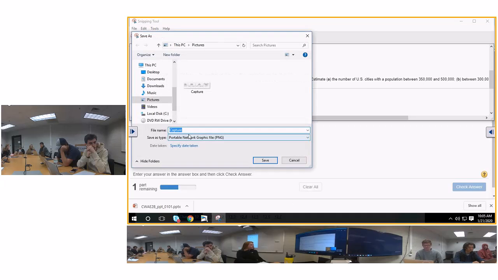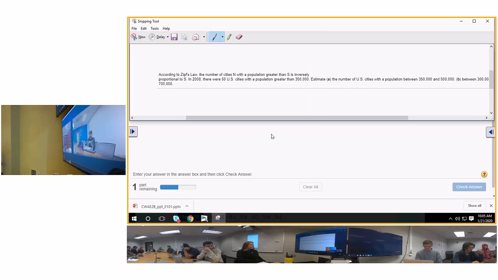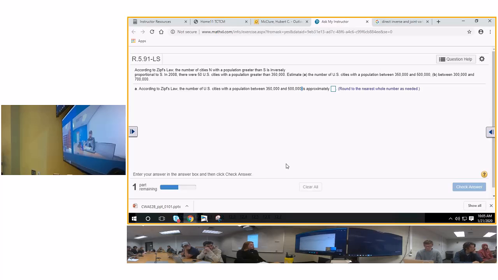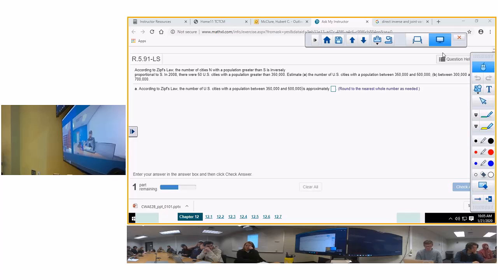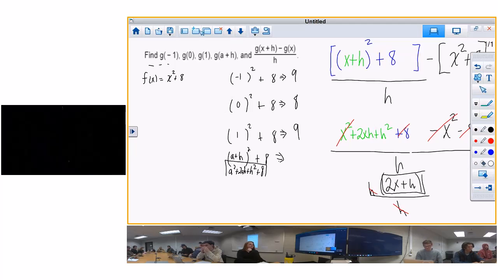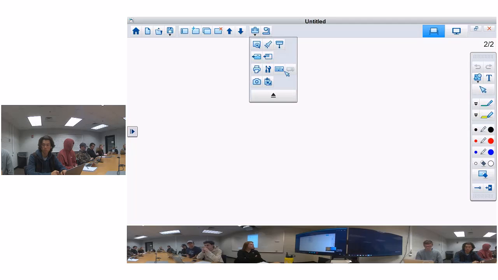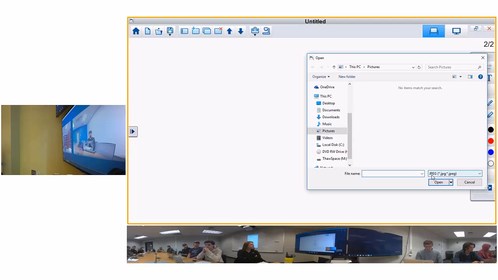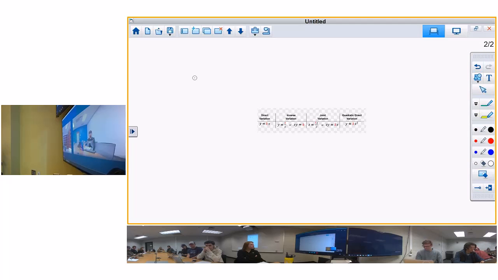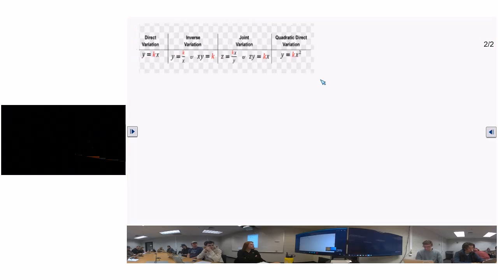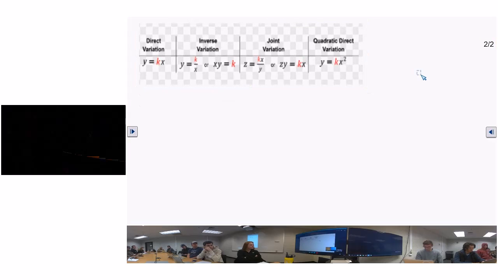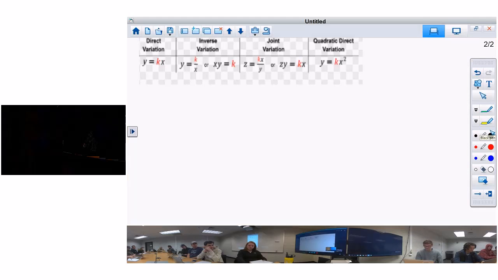Save, capture 2. Now I can go to the handy dandy whiteboard. Okay, there is your inverses. I hope it's not too blurry, but it's better than nothing. Go ahead and write those down to review, and I'll bring in the question right behind it.